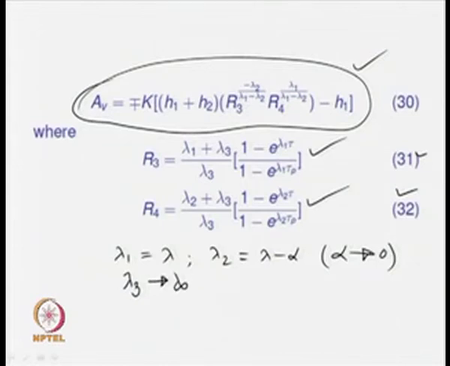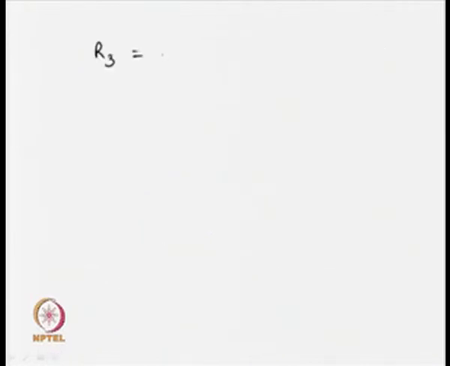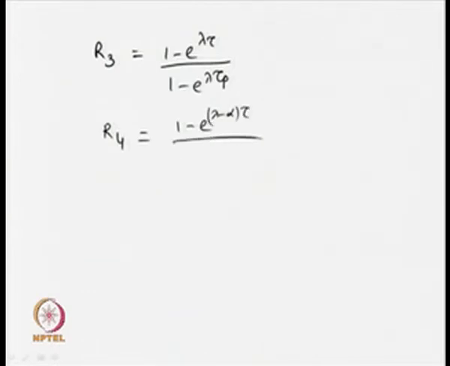When that is so, R3 will be obtained in the form 1 minus e to the power lambda tau upon 1 minus e to the power lambda tau p. Similarly, R4 becomes 1 minus e to the power (lambda minus alpha) tau upon 1 minus e to the power (lambda minus alpha) tau p.